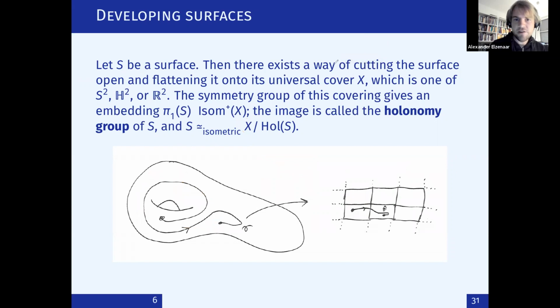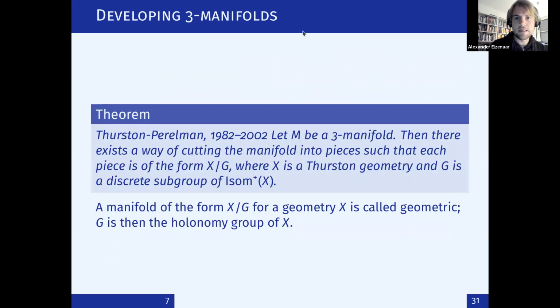In 3 dimensions, it's a little bit more complicated. So this is now the geometrization theory of Thurston. If we take a 3-manifold, then first of all, we have to cut it into pieces, possibly many pieces. And then once we've done that, each piece admits a similar kind of covering.